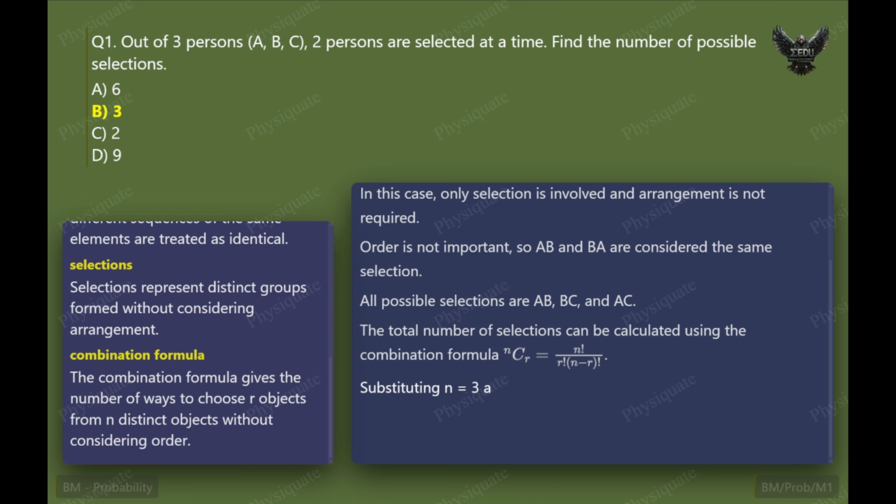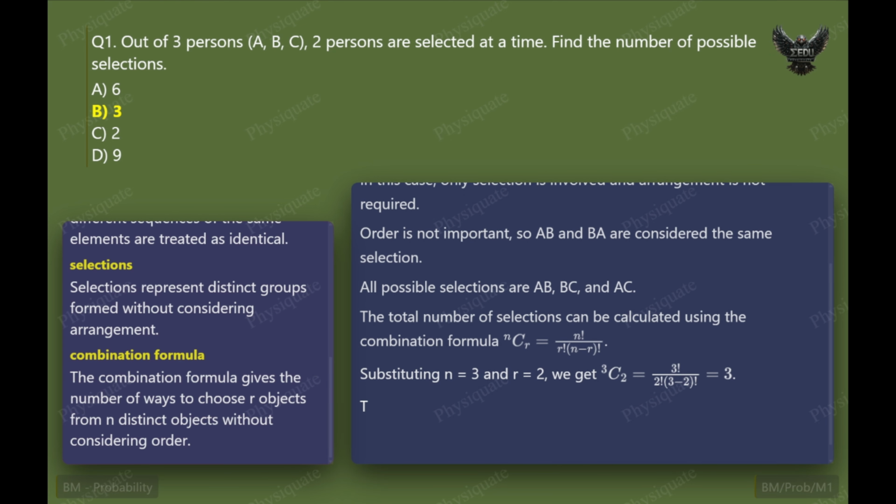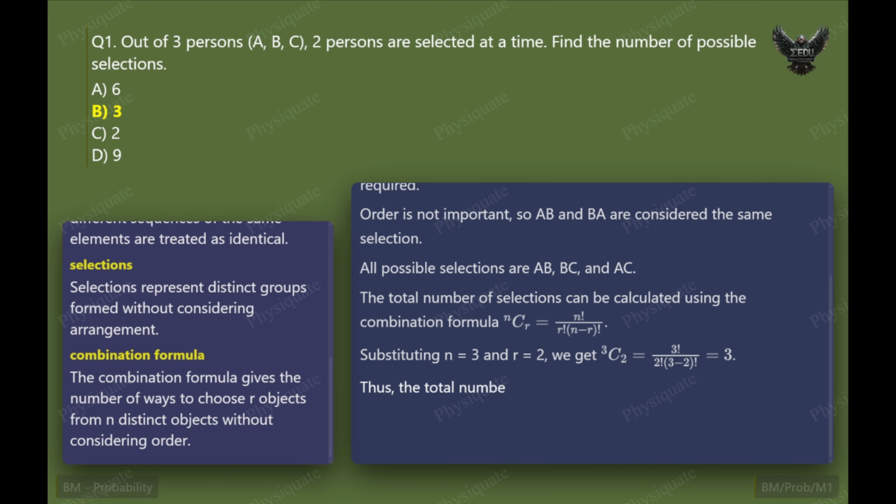Substituting n equals 3 and r equals 2, we get 3C2 equals 3 factorial divided by 2 factorial times 3 minus 2 factorial equals 3. Thus, the total number of possible selections is 3.